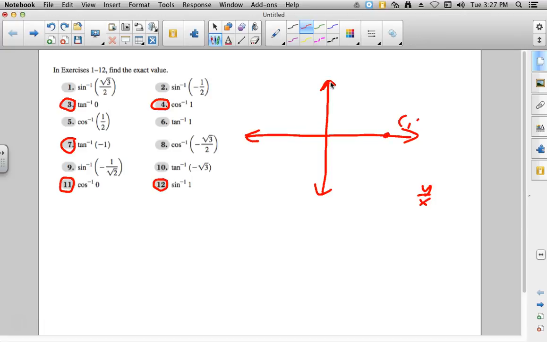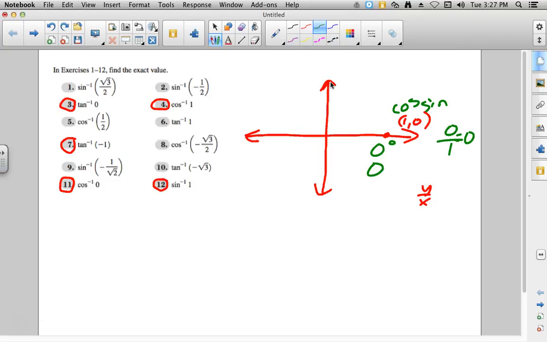So if we come out here on the unit circle, we have the point (1, 0), and 0 is our y value, which means y over x will be 0 over x. So we ask, what is the angle that would give us this cosine and sine of 1 and 0, so that y over x equals 0? Well, this is 0 degrees, or just 0 for 0 radians, either way.